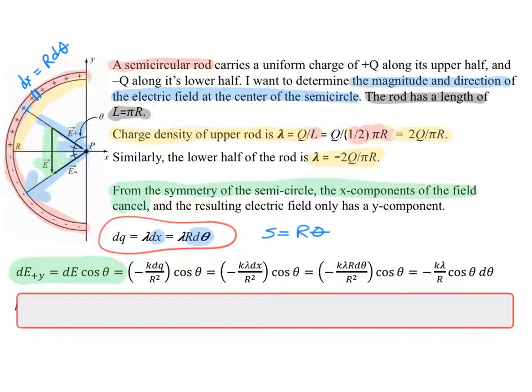Well, if it's a differential for a part, it's going to be equal to some fraction of the whole. So dE sub plus y has to be some fraction of dE, the overall field. And in this case, the fraction, surprise, surprise, since we're dealing with angles, it's got to be a trig function, sine, cosine, tangent, something like that. And it's cosine in this case.